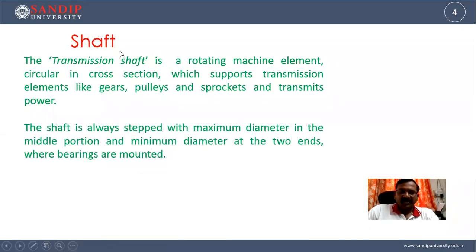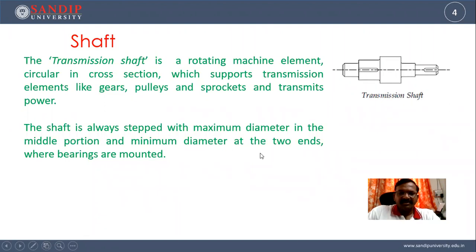The shaft is always stepped with maximum diameter in the middle portion and minimum diameter at the two ends where bearings are mounted. Now see, when we talk about shaft, it is used for transmitting the power from one part to another part, from machine to some other gearbox or some other element through some devices like gears, pulleys, and sprockets. So all these devices are to be mounted on the shaft.